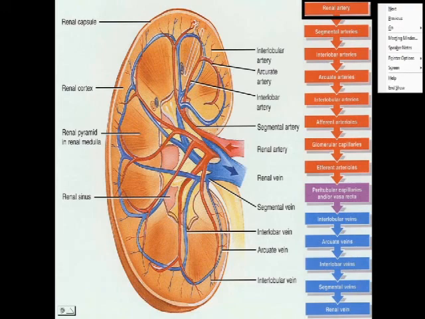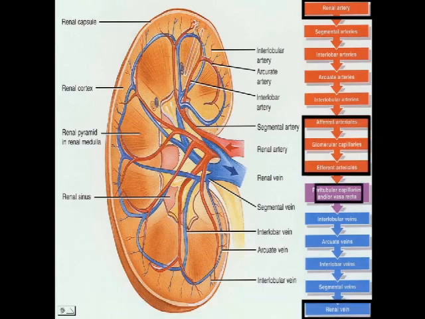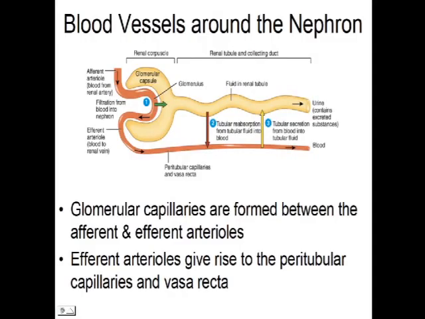The vasa recta join together to give rise to the interlobular veins. They then become the arcuate veins, and then interlobar veins, the segmental veins, and the renal vein. And the renal vein comes out of the hilum. The glomerular capillaries are formed between the afferent and efferent arterioles.